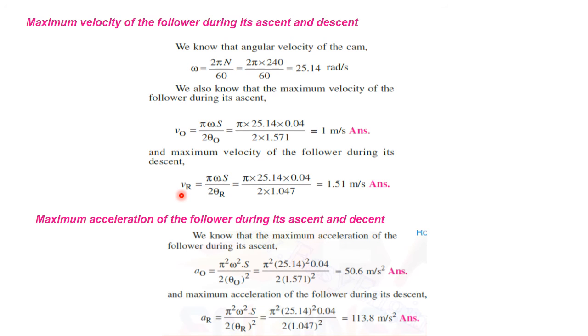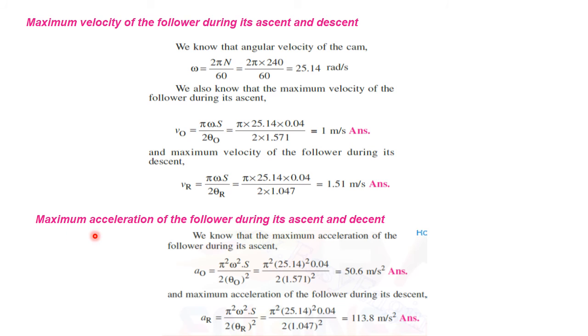After that, the maximum linear speed of the return stroke is equal to pi omega S divided by 2 theta r, where in place of theta naught we have theta r. We have got the velocity of the return stroke higher than the out stroke, 1.51 meter per second.